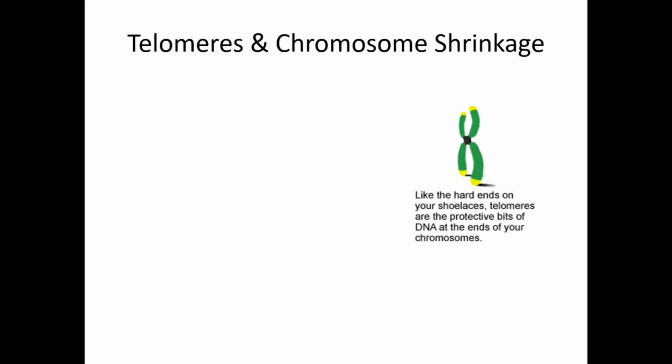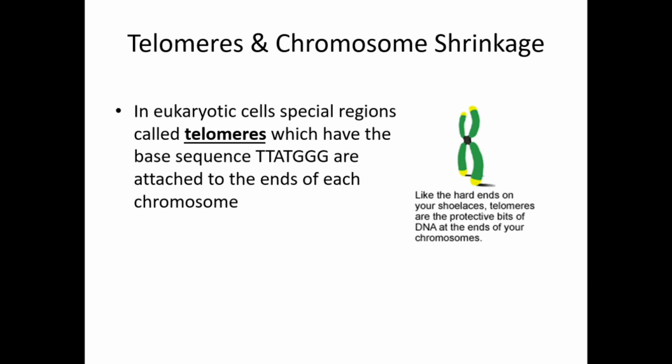What are telomeres? Like the hard ends of shoelaces, telomeres are the protective caps of the DNA molecules, occurring towards the end of the chromosomes. In eukaryotic cells, special regions called telomeres, which have the base sequence TTAGGG, are attached to the ends of each chromosome.